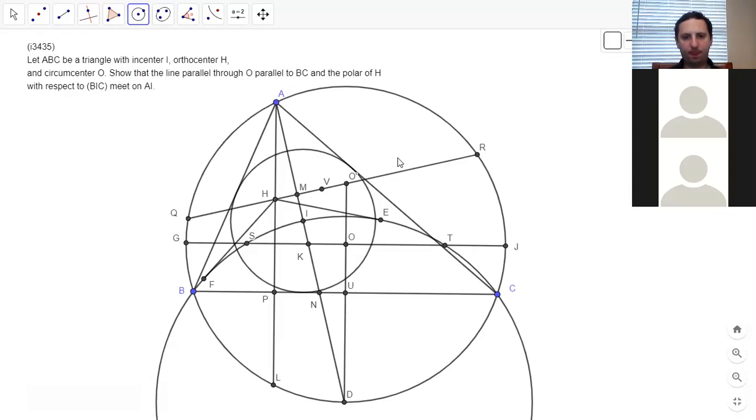Next, we can see that VU is the midline of triangle MO prime D, right? VU or VN. Oh yeah, VU is the midline.